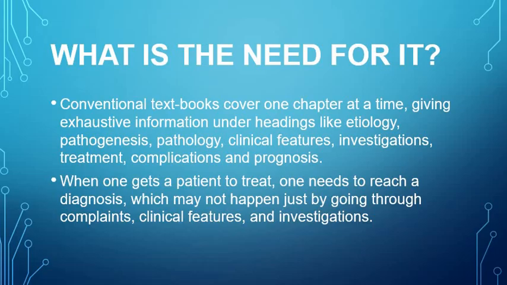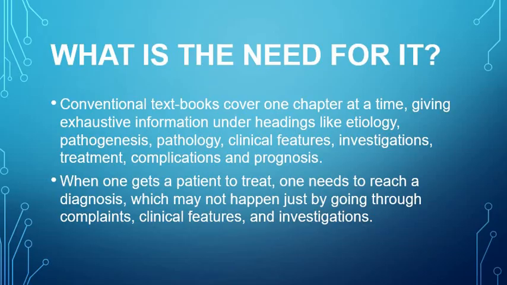What is the need for a book like this? What is the need for a flowchart or an algorithm? Conventional textbooks cover one chapter at a time, which means one topic at a time, giving exhaustive information under headings like etiology, pathogenesis, pathology, clinical features, investigations, treatment, complications, and prognosis.